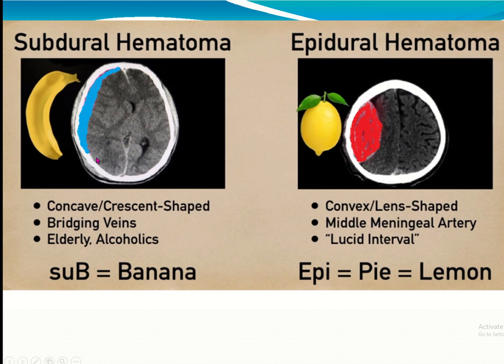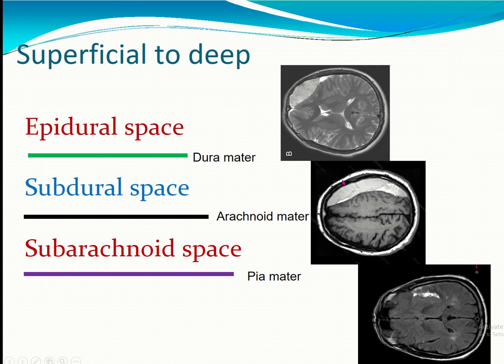So subdural hematoma is banana-like and extensive, and epidural hematoma is lemon-shaped or lens-shaped. So superficial to deep: epidural space, dura mater, subdural space, arachnoid mater, subarachnoid space, then pia mater. So this is the lens shape, this is the banana shape, and this is the irregular shape because the subarachnoid space bridges the sulcus of the brain.